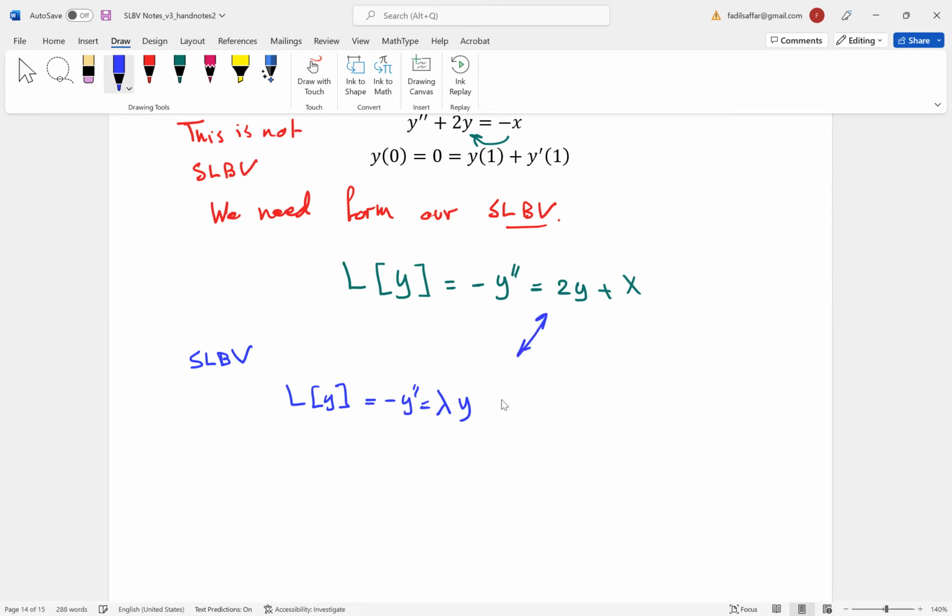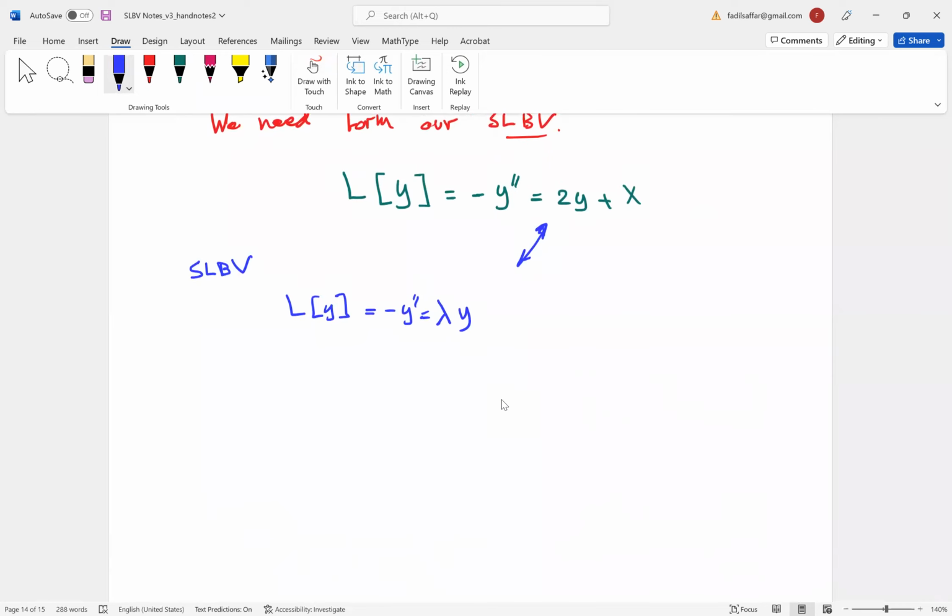We solve the homogeneous part and then try to solve other parts. And now we want to solve it using expansion. This part will be more like equal to 2y plus x, but let me erase it so that it is more correct.